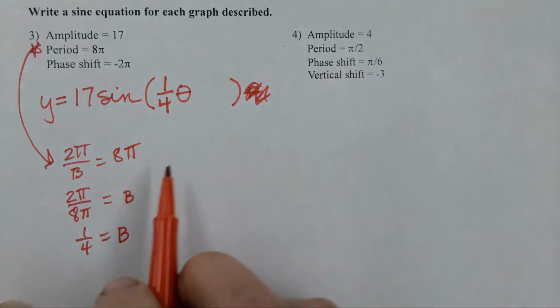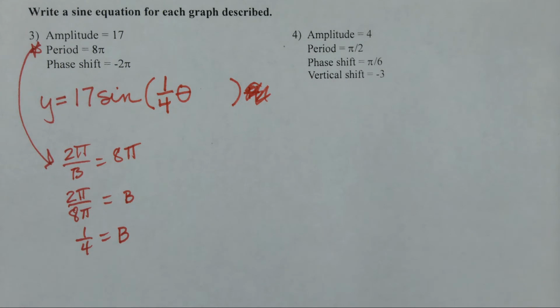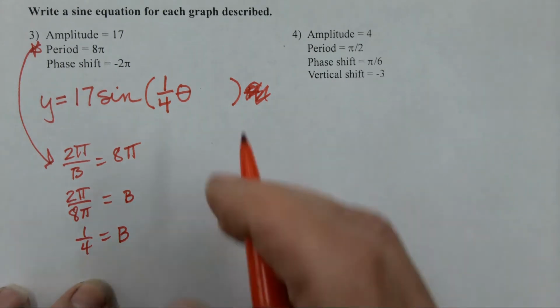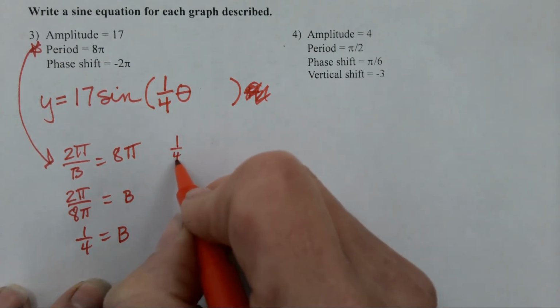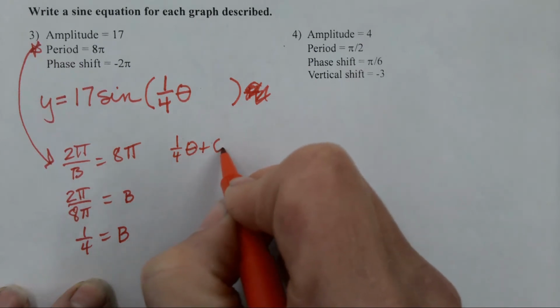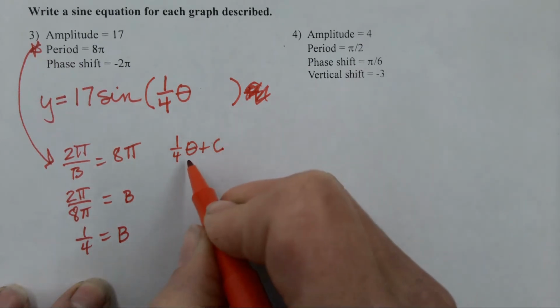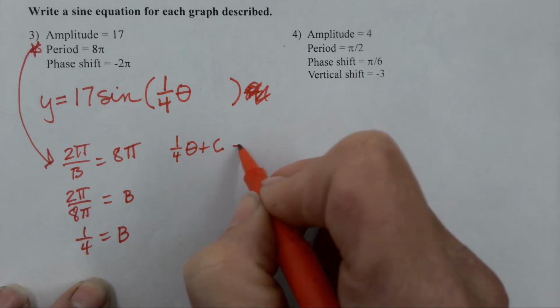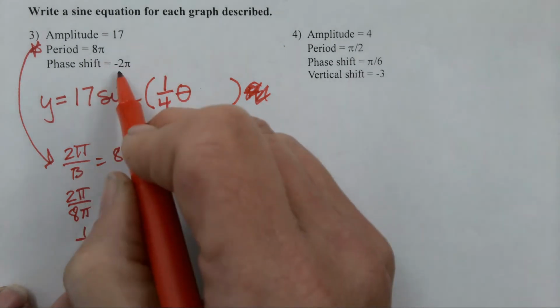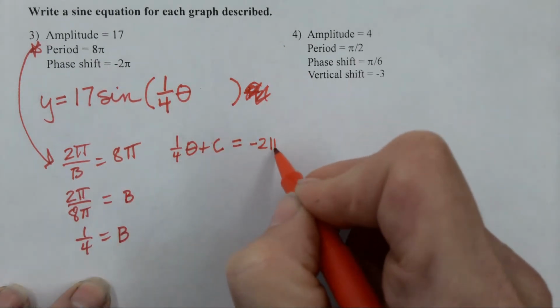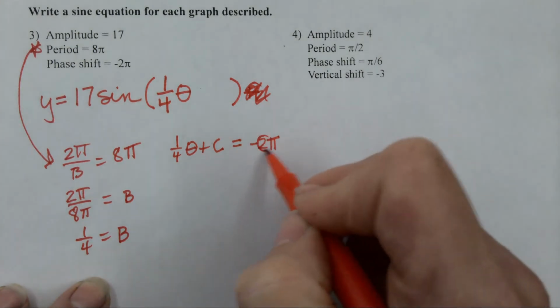Now I've got to do the more difficult part. Remember how it works. 1/4 theta plus c is equal to the phase shift, which is -2 pi. Nope, I'm a liar. Is equal to 0.